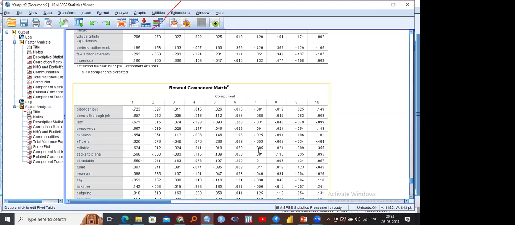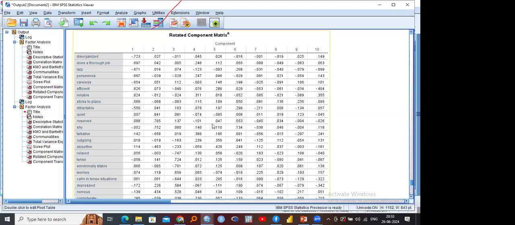They have maximum magnitude. Now come to the second one. In the second factor, which variables are coming? Quiet, shy, reserved, talkative, outgoing, assertive. Now all of these are almost similar. A person who would be quiet would definitely be reserved, would definitely be shy, would not be talkative, would not be outgoing, would not be assertive.